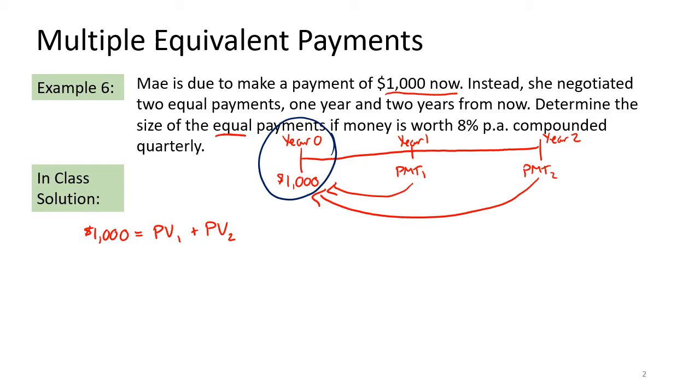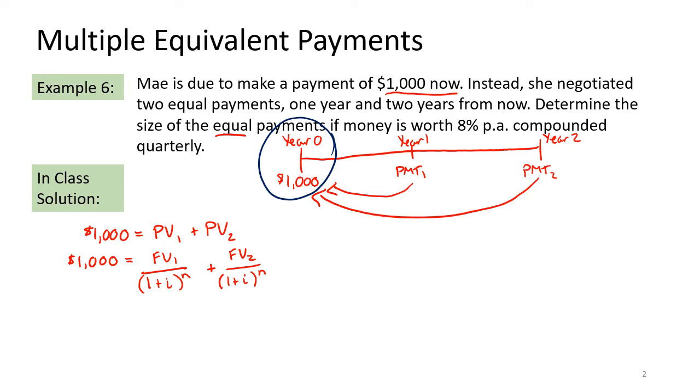If we write those out as their full formulas, present value 1 is equal to the future value, or the amount, at year number 1, divided by 1 plus the periodic interest rate to the exponent n, and that n is the total number of compounding periods for that payment, plus payment number 2, which is 2 years from now, future value number 2, divided by 1 plus that periodic interest rate raised to the exponent n, the number of compounding periods.